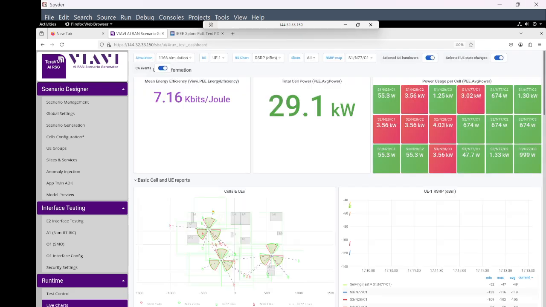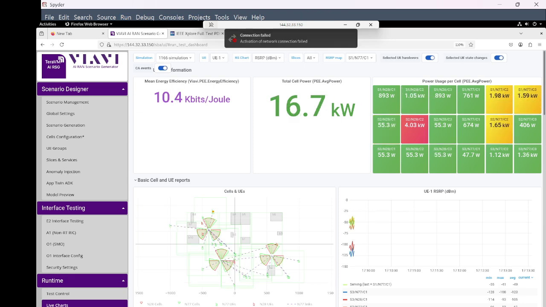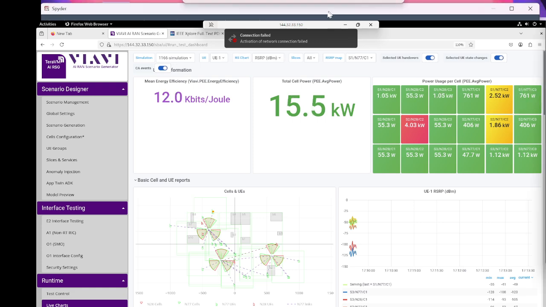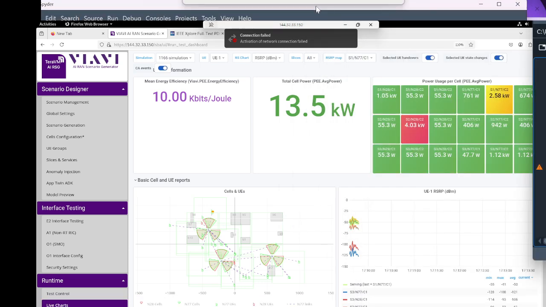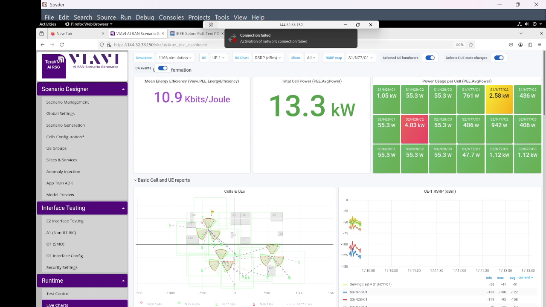and in the meanwhile running the program, extracting the data. And as we can see, now we expect that some cells go on and off.